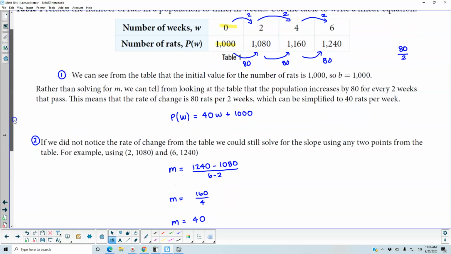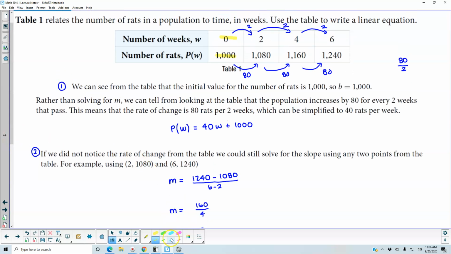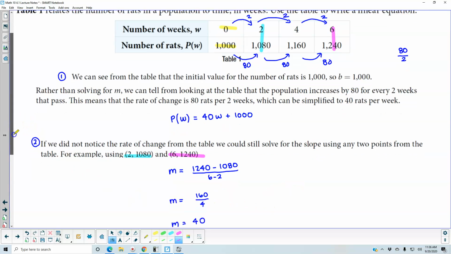Now number 2, if we did not notice the rate of change from the table, we could still solve for the slope using any 2 points from the table. So for example, if we choose the following points, 2 and 1,080 and 6 and 1,240, we can first find the slope.